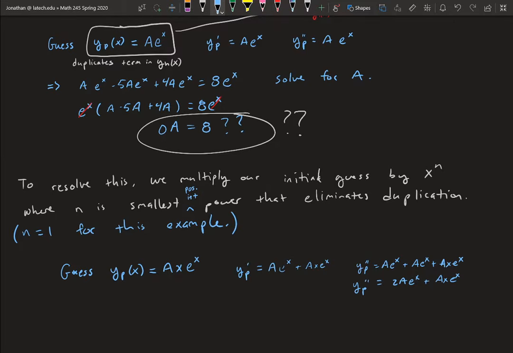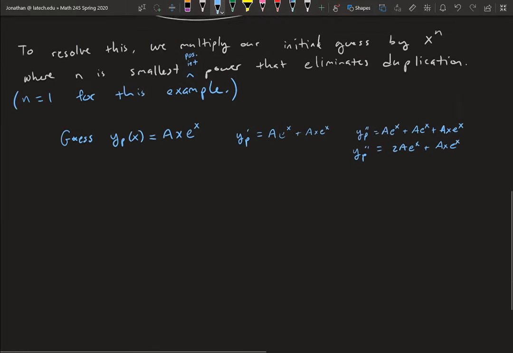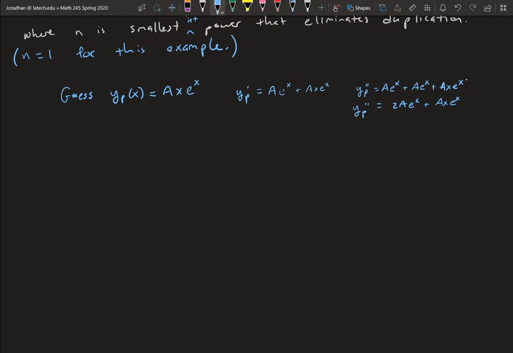Now substitute those into the left-hand side of the differential equation, which if I remember correctly was y double prime minus 5y prime plus 4y. So that's going to be 2a e to the x plus a x e to the x, minus 5 times a e to the x plus a x e to the x, minus 4a x e to the x, equals, on the right hand side, 8 e to the x.